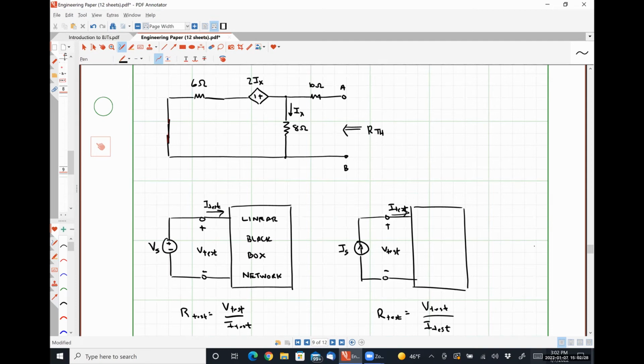Or we could apply a test current source having any value in any direction. And any voltage V test we measure will give us the Thevenin equivalent resistance by simply dividing that measured test voltage V test divided by our applied test current I test. Okay. So either of those methods will work. So I want to prove it with both of them.